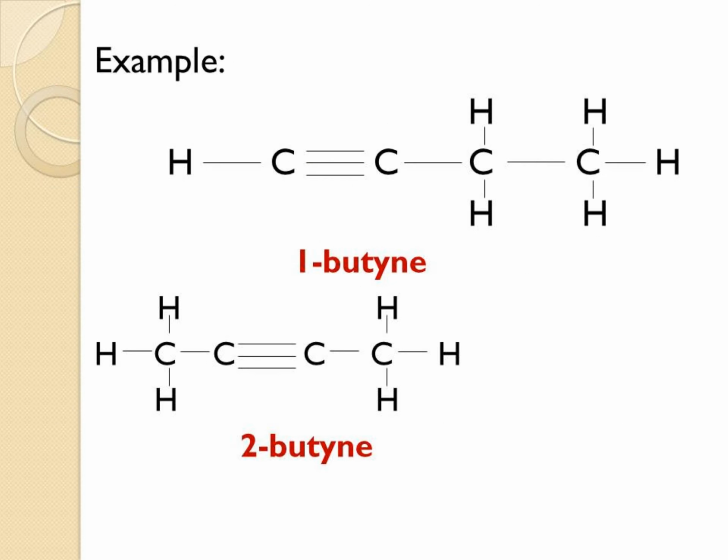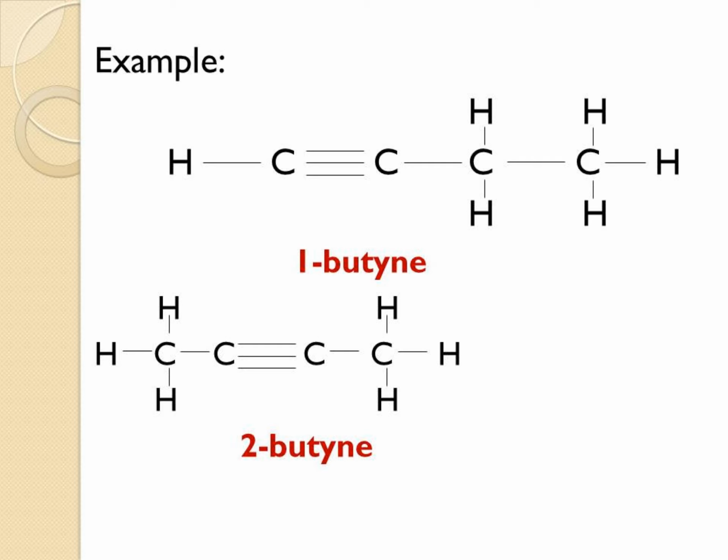For example, you can see here the parent chain, or the longest chain of carbon, is butane, because we have 1, 2, 3, and 4 carbons in a continuous chain. But notice that between carbon 1 and carbon 2, we can find a triple bond.